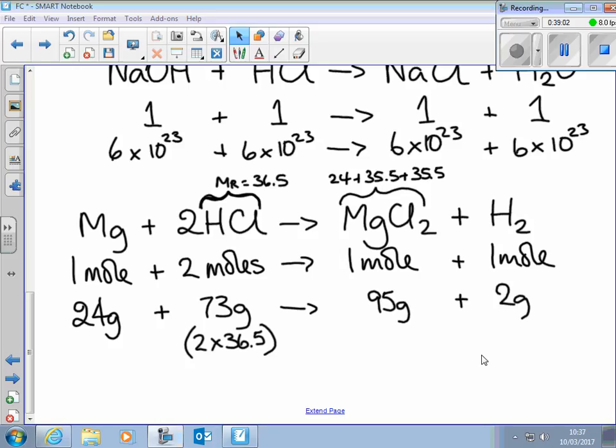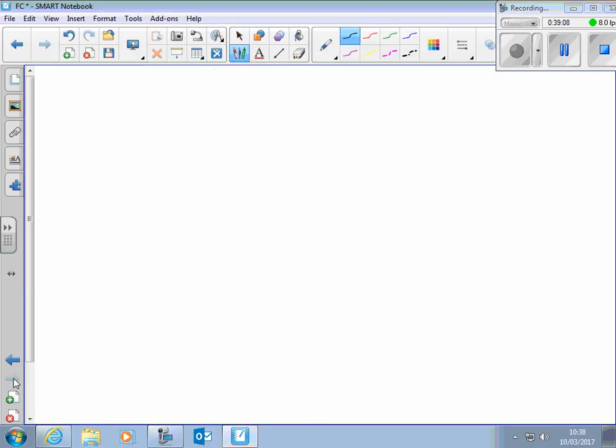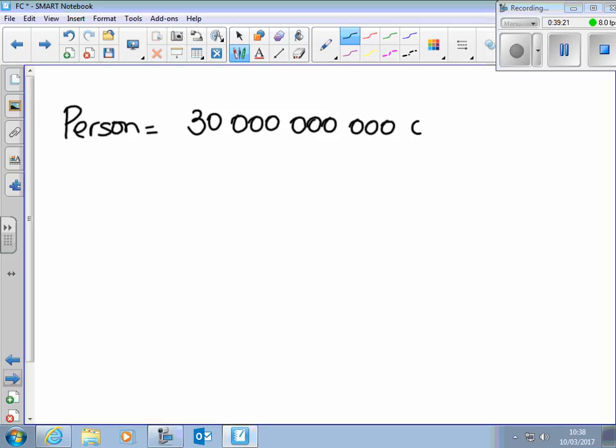Hundreds, thousands, millions, or what? How does 30 trillion relate to 6.02? A person is 30 trillion. That's 30,000, 30 million, 30 billion, 30 trillion. That's how many cells there are in a person.